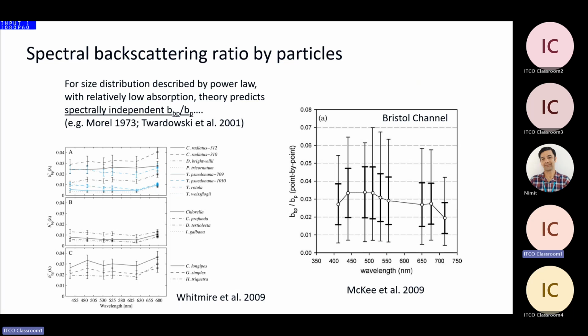But bb over b has a relatively small range, just one order of magnitude, like 0.03 to 0.3 to 3%. So with that one order of magnitude range, you're constraining what's realistic, and you're looking for the spectral independence. It's my favorite parameter to look at to see just how good our data set is when we're in the field.